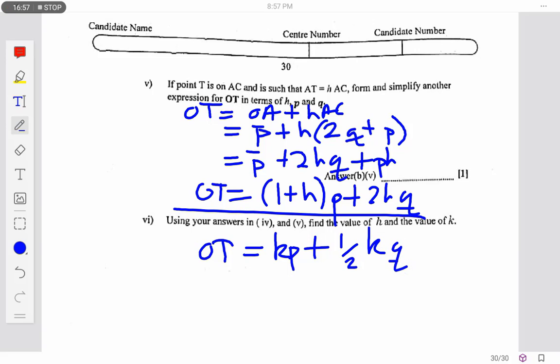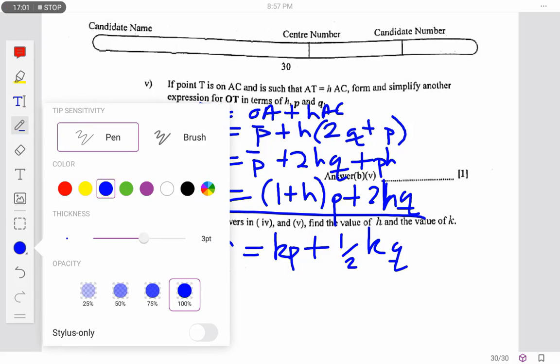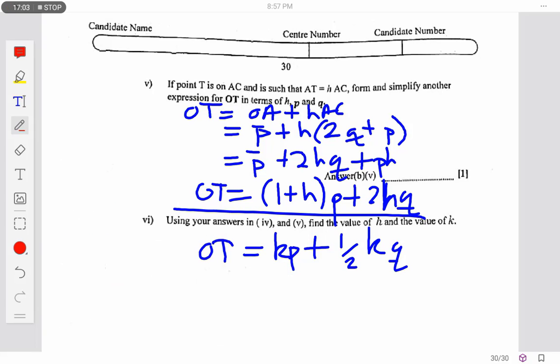These are the two equations that we have. When we have these equations, we have to equate the coefficients of these vectors. P is our vector there, so we equate the values that correspond to P. So I can say 1 plus H is equal to K.